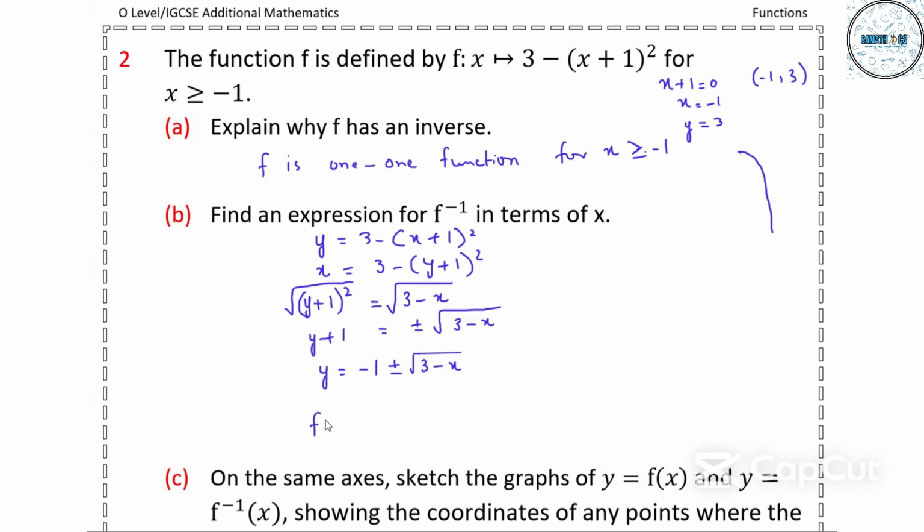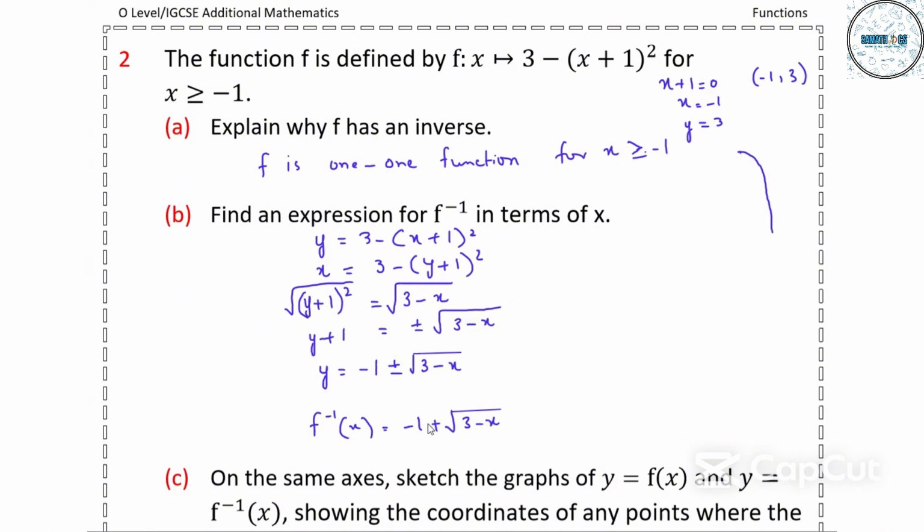Now f inverse of x will become minus 1 plus under root 3 minus x. As the domain is x is greater than or equal to -1, we just have to consider the plus sign.